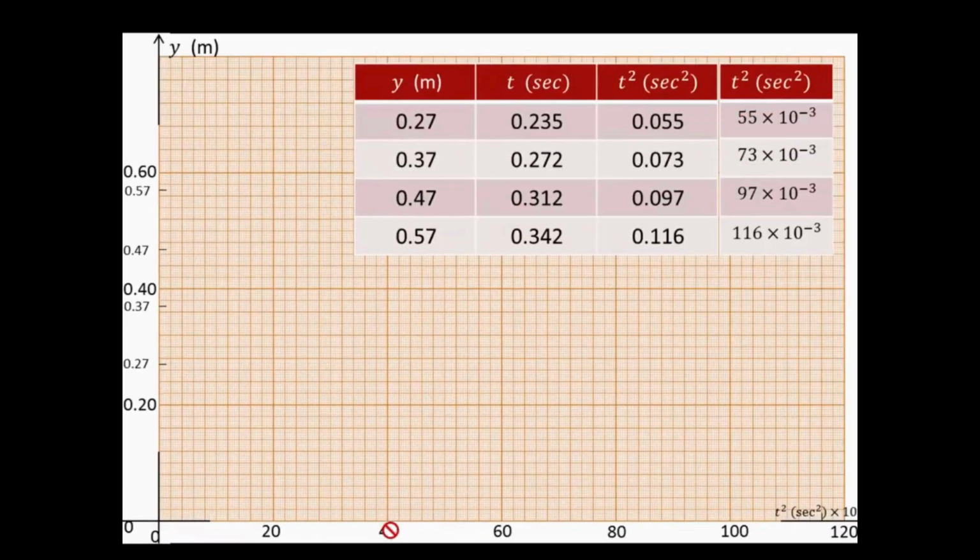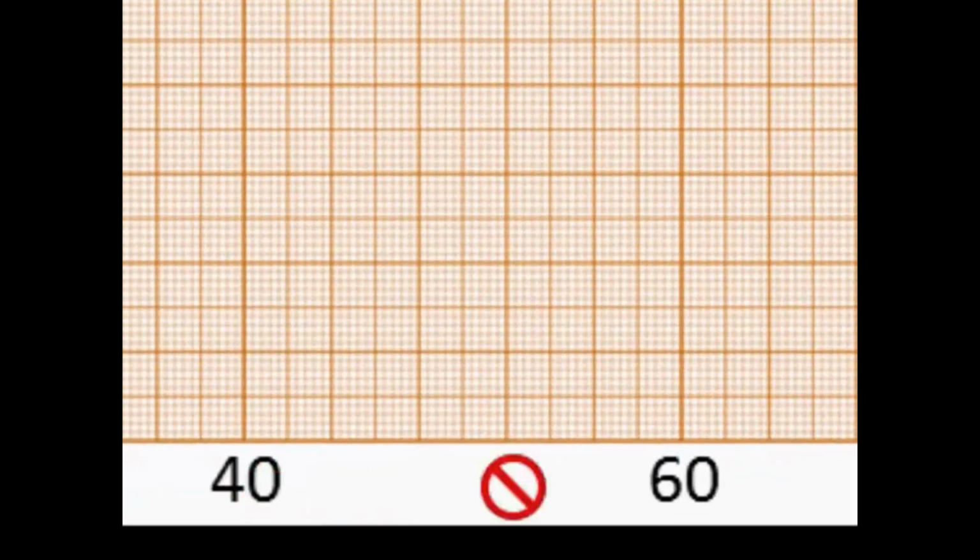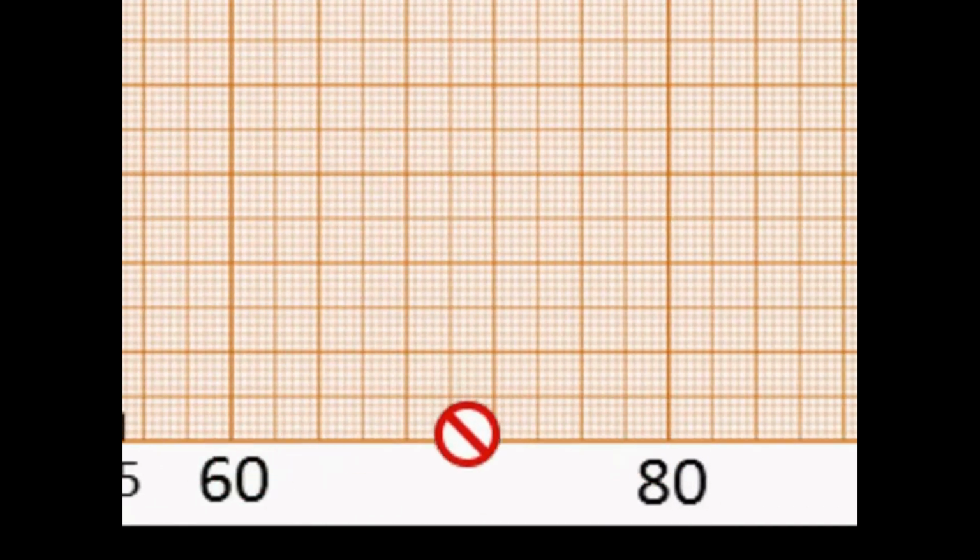Now we put the results: 0.727, 0.27, and record them in place, and the remaining values 0.47, 0.57.